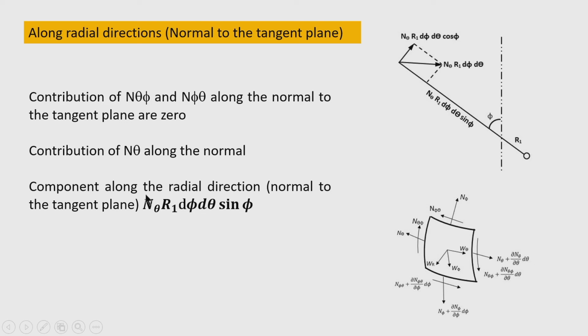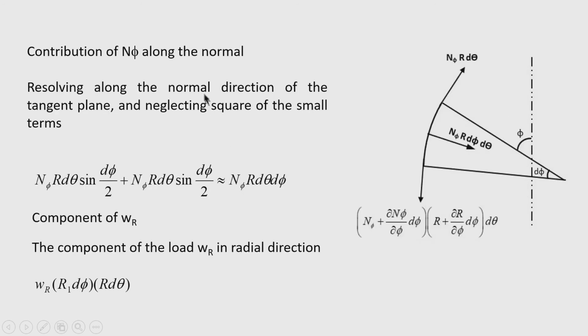This component we have obtained earlier, but we did not use it because at that time we formed the equation in the phi direction. Now, we are forming the equation in the radial direction. So, we take this quantity.